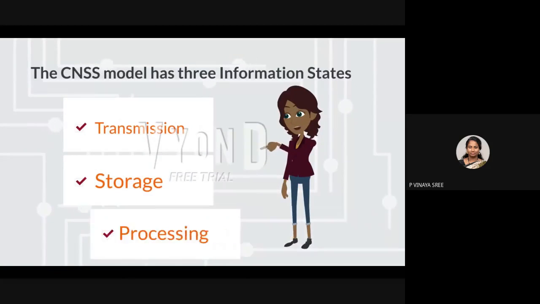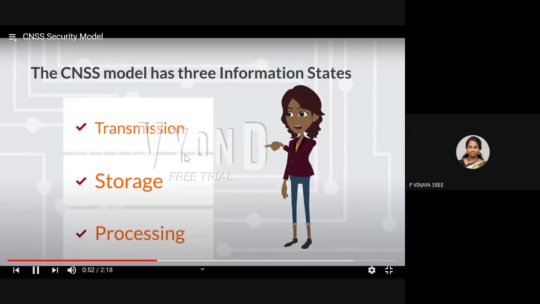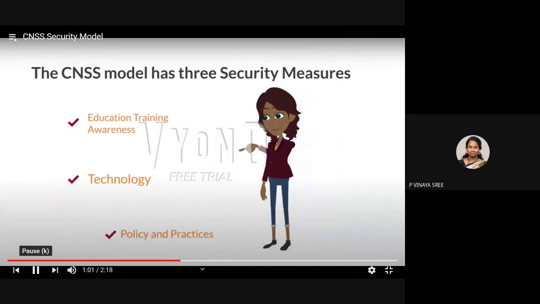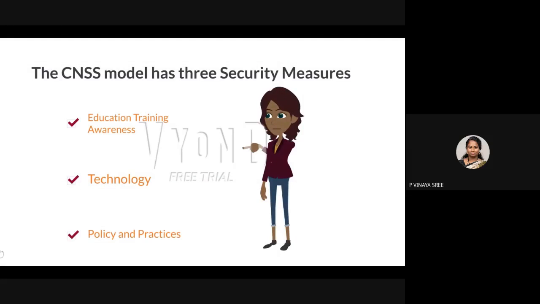Information may be in any one of three states: transmission, storage, or processing. The CNSS model has three security measures: education, training, awareness; technology; and policy and practices.